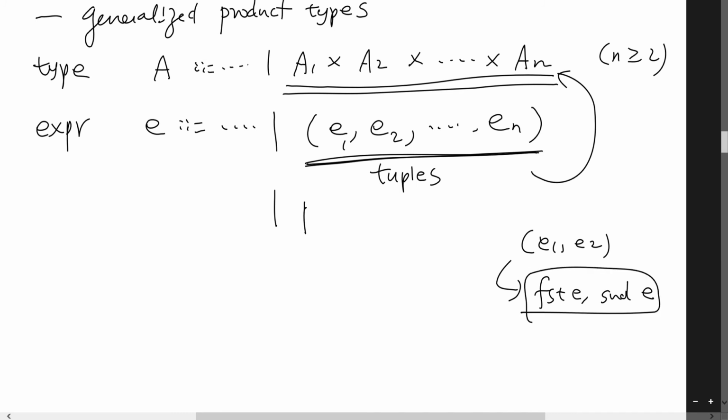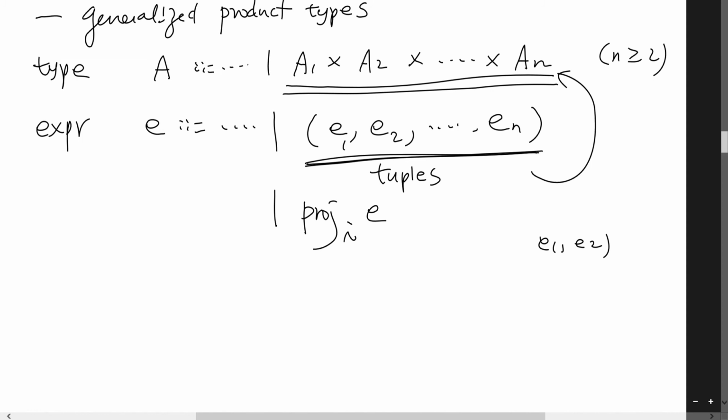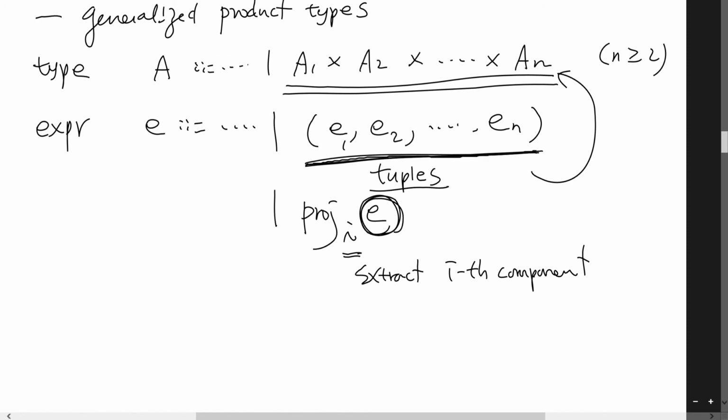So we write projection i of expression E, where the idea is we are going to extract the ith component from this expression E. So this expression E is going to produce a tuple of this form, and this projection i is going to extract its ith component. So that's the idea. So here, i is found in this range.